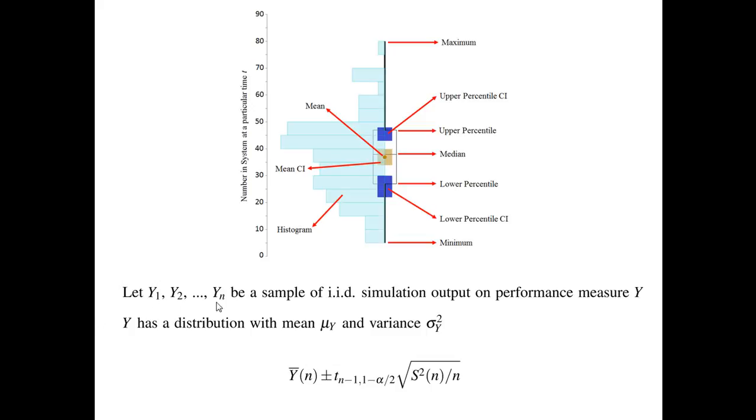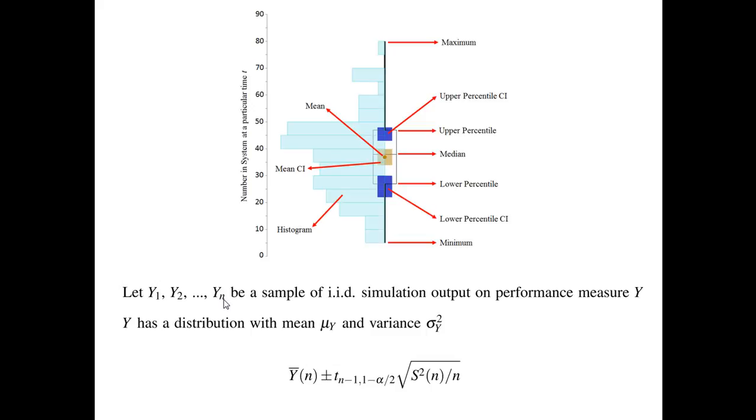So let y1, y2 to yn be a sample of identically and independently distributed simulation output on performance measure y, and our performance measure has a true mean and true variance, which are often unknown. So in this particular example, y1 represents the number in system at exactly 2 p.m. in replication 1. y2 represents the number in system at exactly 2 p.m. from replication 2.